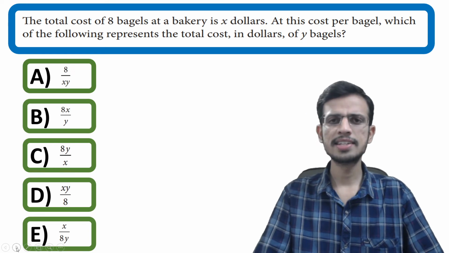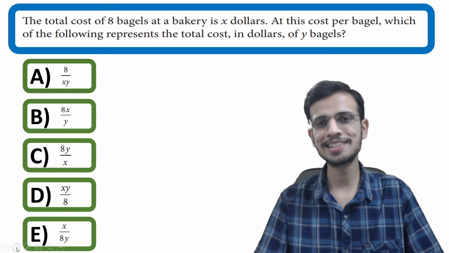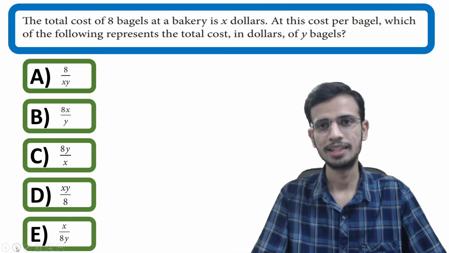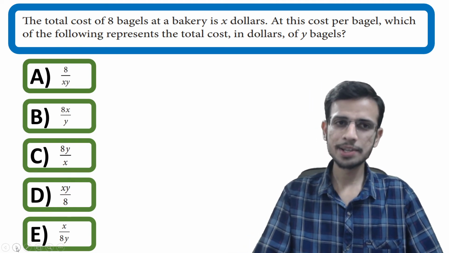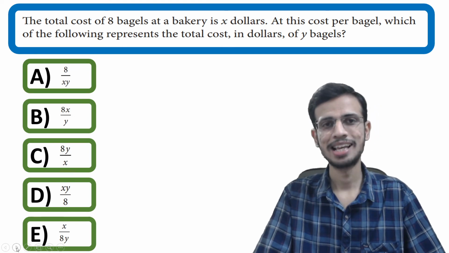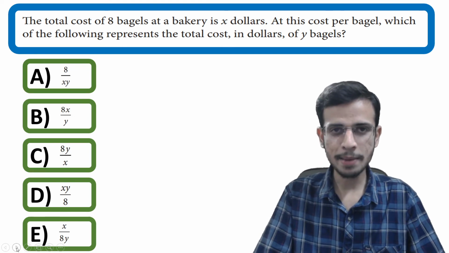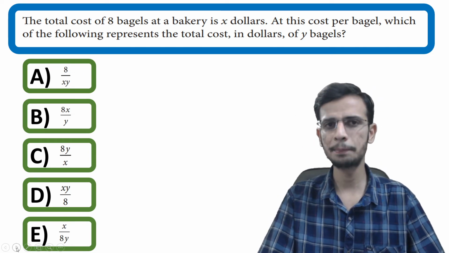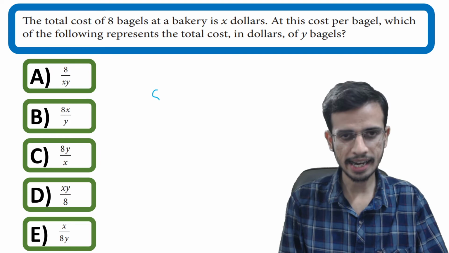You will see, sir, why is dollars written here? Because it's GRE exam, so here it will not be rupees, you will see dollars. So yes, it's a very easy question, right? If the cost of 8 bagels is X dollars, then what will be the cost of Y bagels?